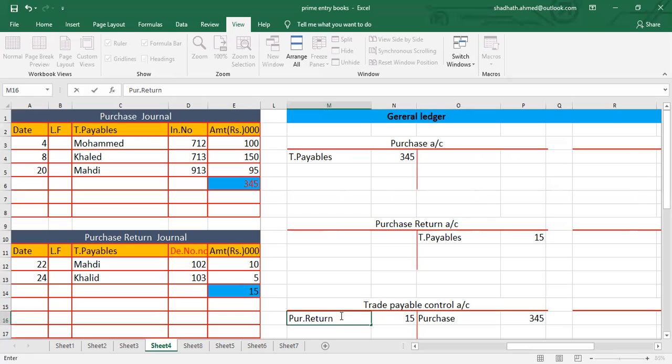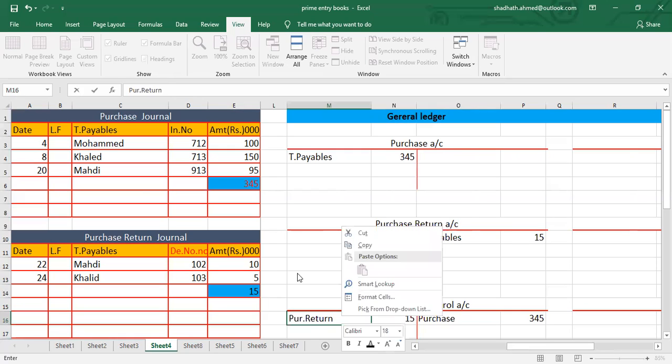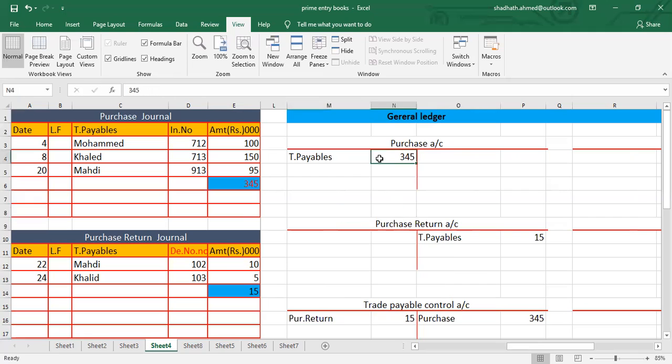This is how the purchase journal and the purchase return journal are recorded in ledger accounts. Purchase comes from purchase account debit, payable control account credit. Purchase return comes purchase return credit, trade payable debit.